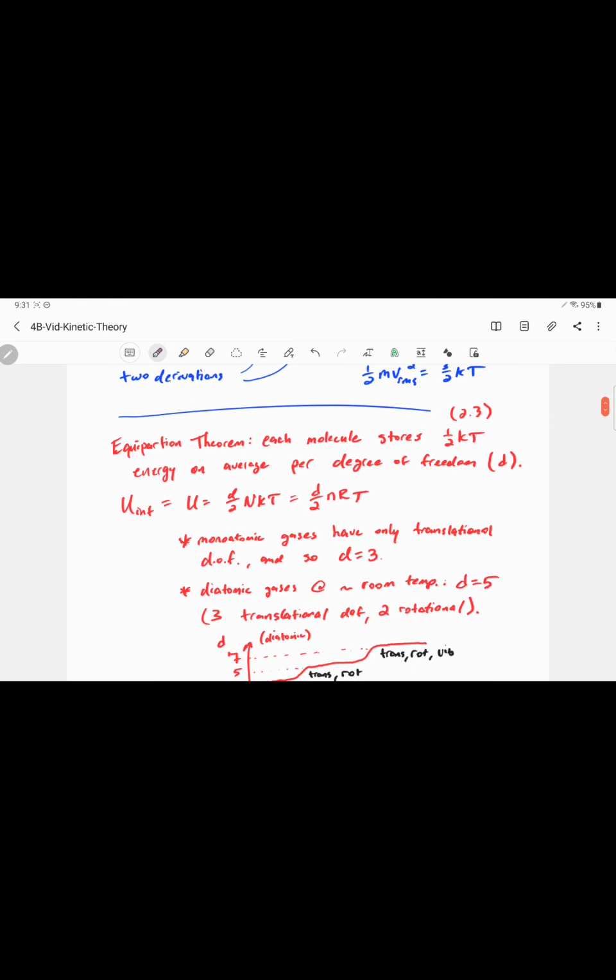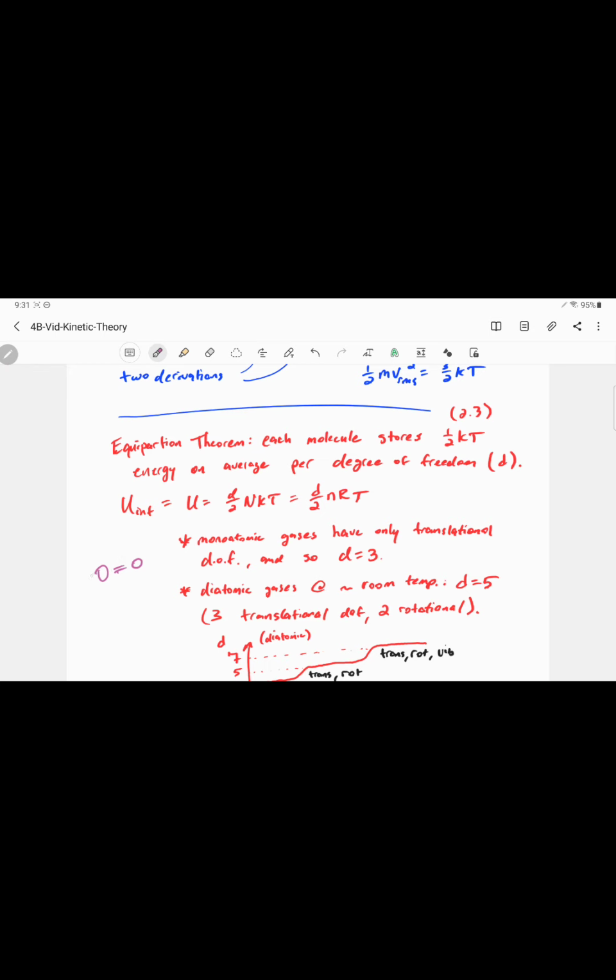Diatomic gases can do more. So oxygen can rotate, in addition to the whole center of mass moving in 3 dimensions. At room temperature, these molecules are rotating around, and they can rotate around this axis of rotation, or around an axis of rotation that's going through the screen.